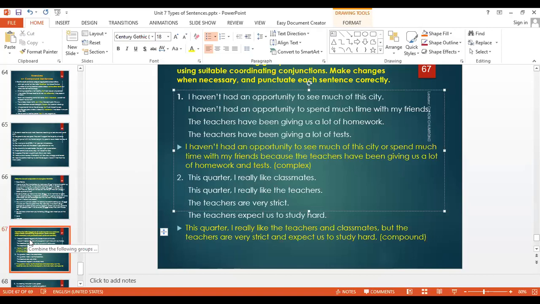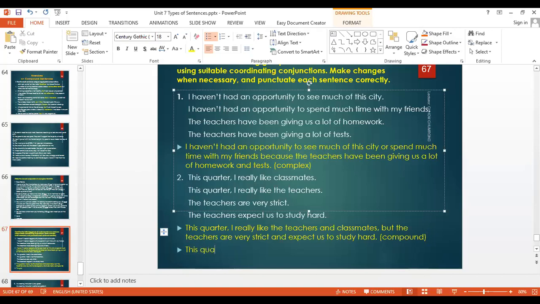Okay, don't forget, we can also change it to a dependent clause, also no problem. For example, I do another way here. This quarter, we have talked about where you study, per semester, three months, right? So we say quarter.